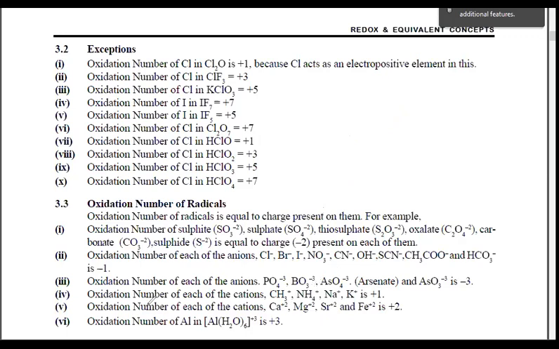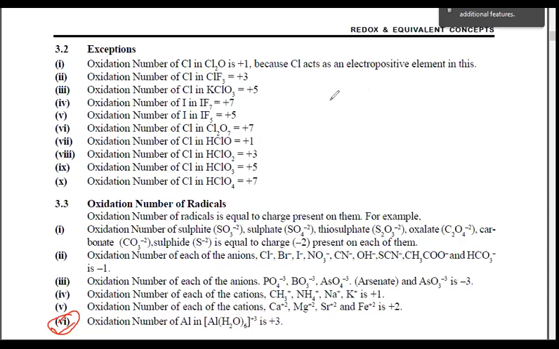Got it, everyone? Oxidation number of complex compounds. See this, the sixth one, complex compounds. For now we won't be worrying about that because this chapter is in class 12. But how to do that? Same way. You should know the charge of any other radical.